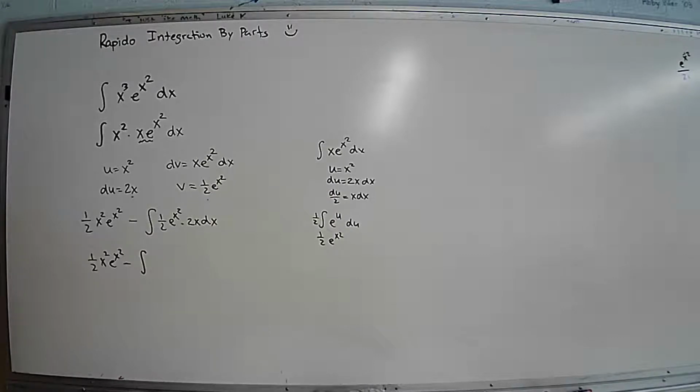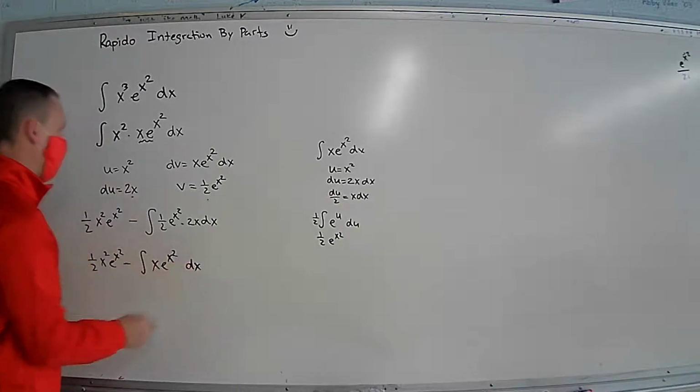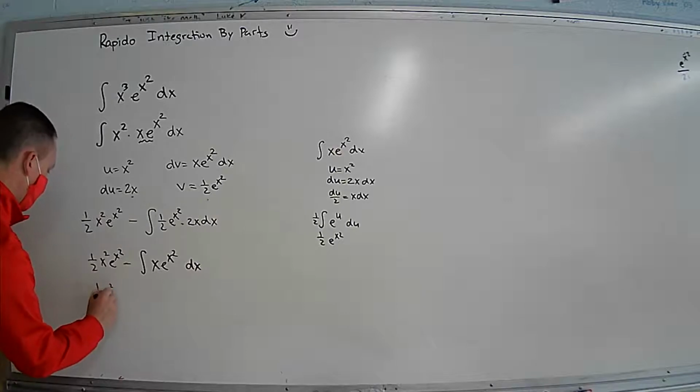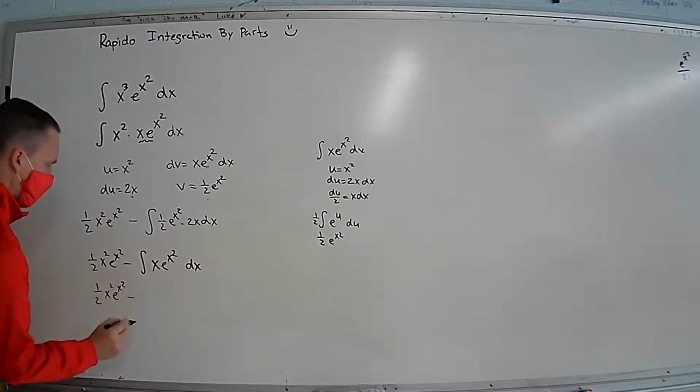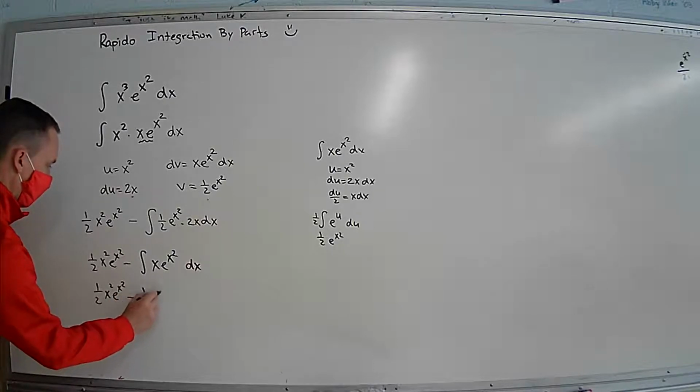You clean that up. Becca was the one yesterday who wanted to cancel all that stuff, right? Or, sorry, Tuesday. E to the x squared. Isn't that just x e to the x squared? And didn't you just do that? So what's the antiderivative of x e to the x squared? One half e to the x squared.